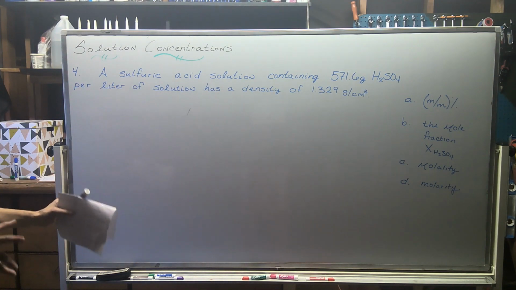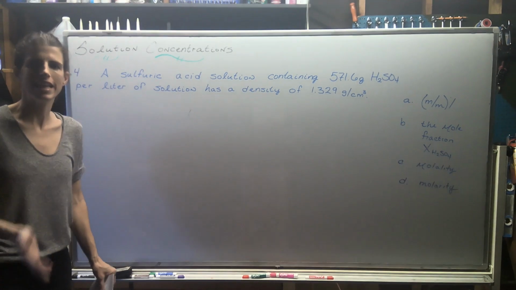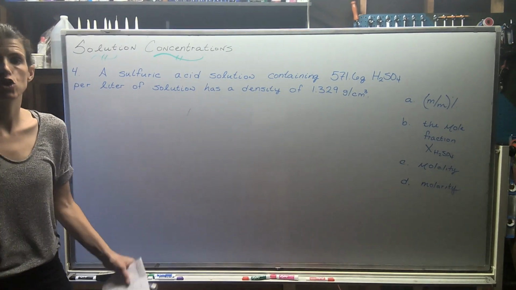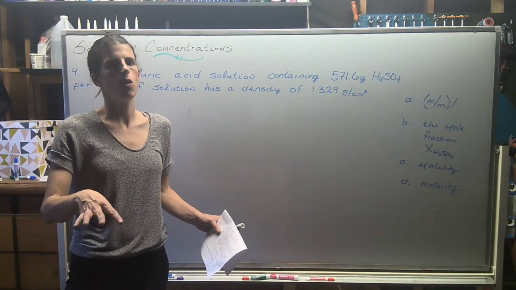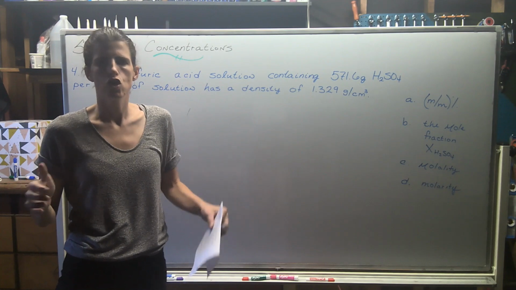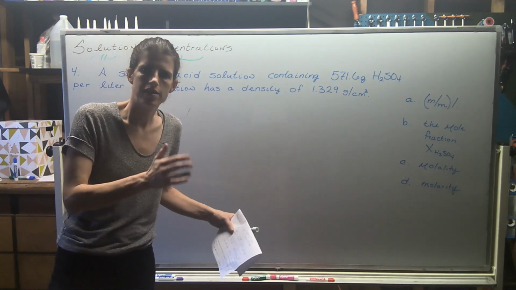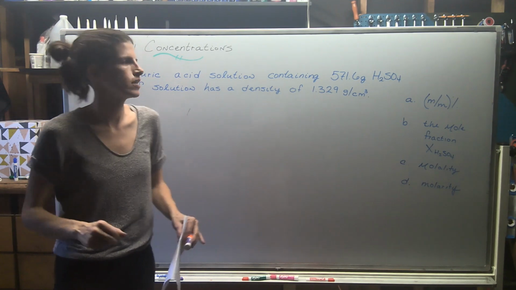So solution concentration is intensive. It is completely independent of how much you have. Think about it. 6 molar hydrochloric acid is 6 molar, whether you're dealing with 1 milliliter, 10 milliliters, 200 liters. It's going to have the same concentration regardless of the quantity.